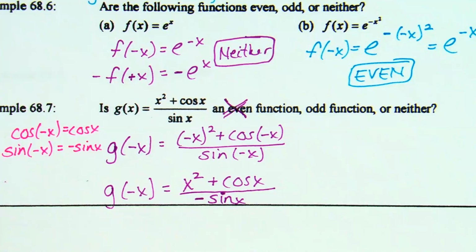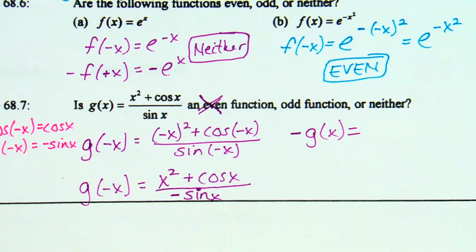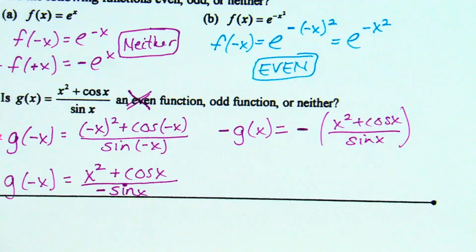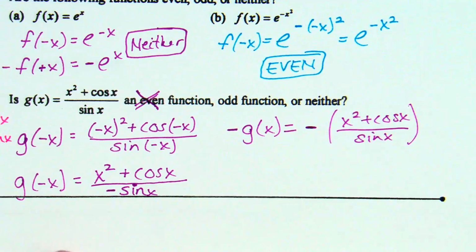Okay. Odd. We need to find negative g of x, which means I'm going to put a negative out front of the fraction, multiply the whole fraction by a negative. X squared plus cosine x over sine x. I chose to write it like that the first time.